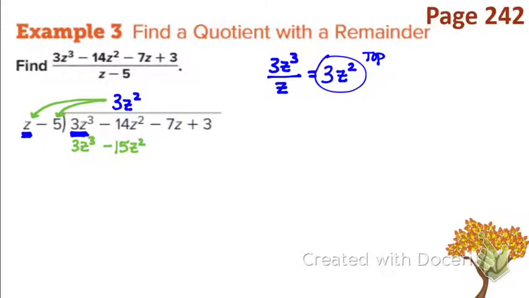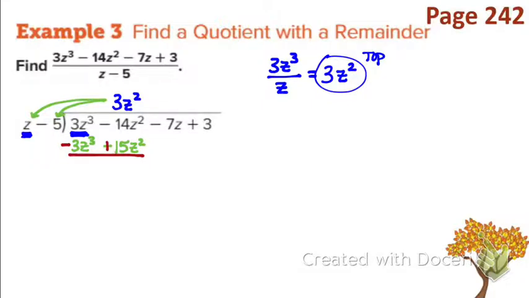Now what do I do to both of those? Subtract them. So I put a minus here. That one already had a minus. When I subtract something that already has a minus, it turns to a positive. Copy, change, change. We're going to change both of our signs. What happens to my 3z squared here when I combine it?